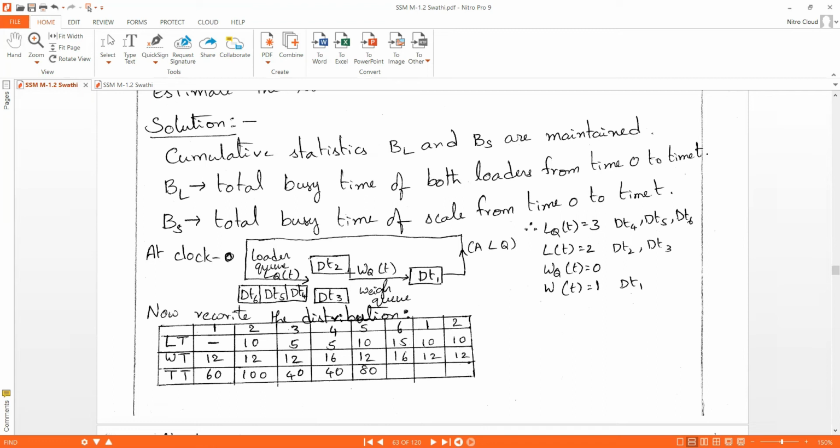And one more event is the ending of weighing for DT1. These are the 3 future events which are going to occur, and we represent them here.